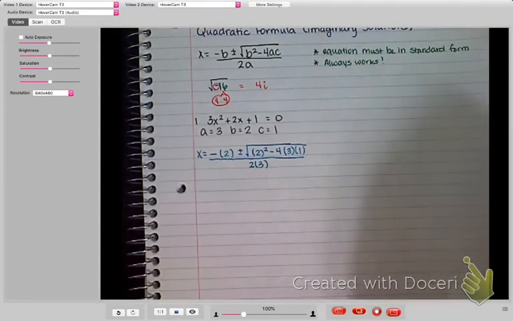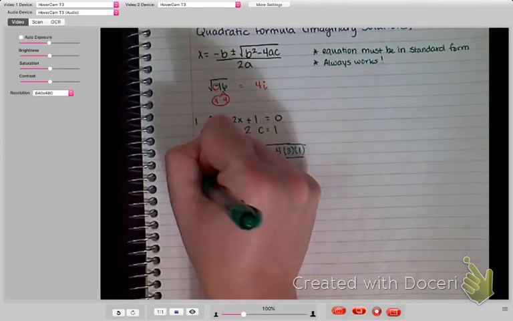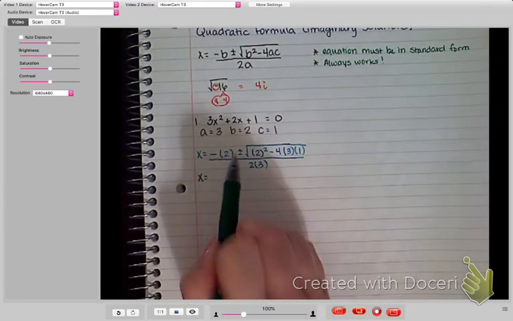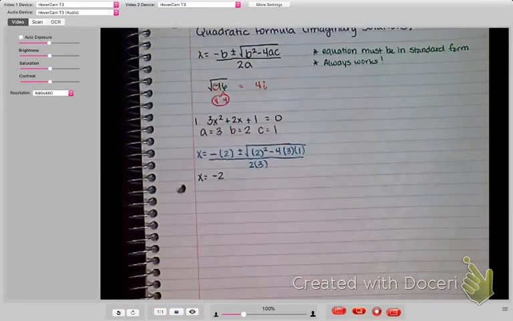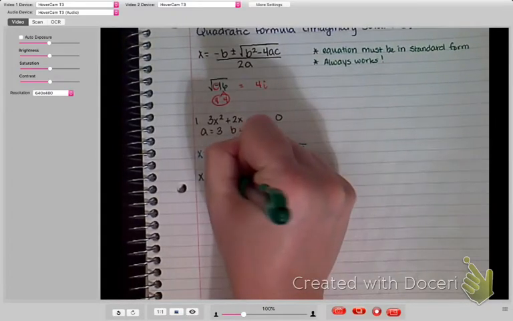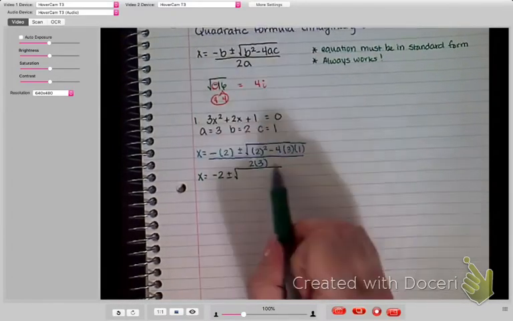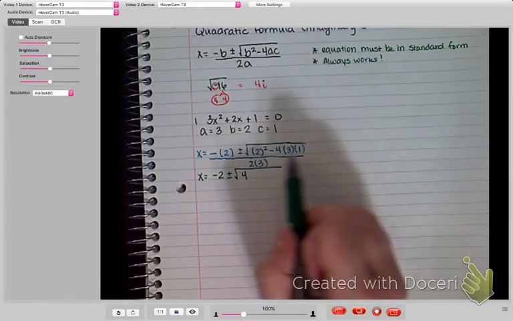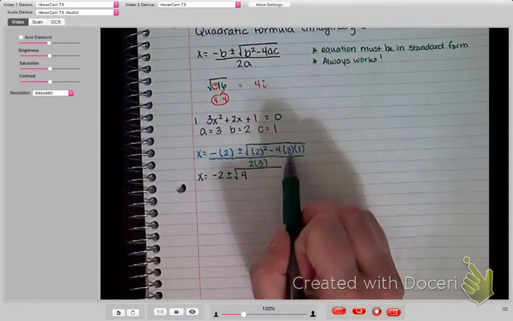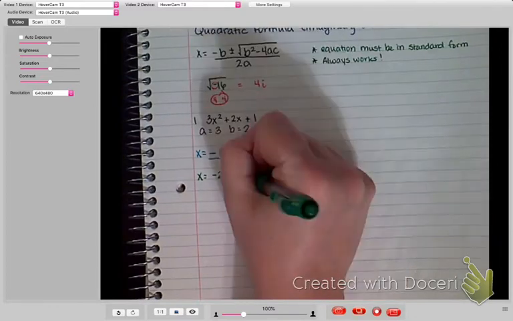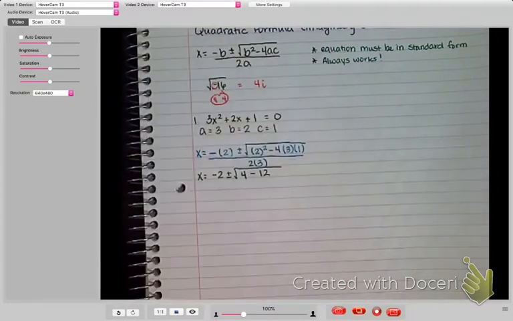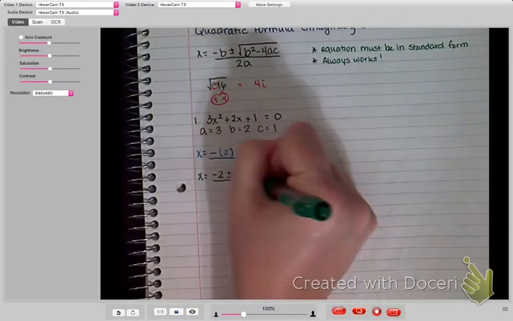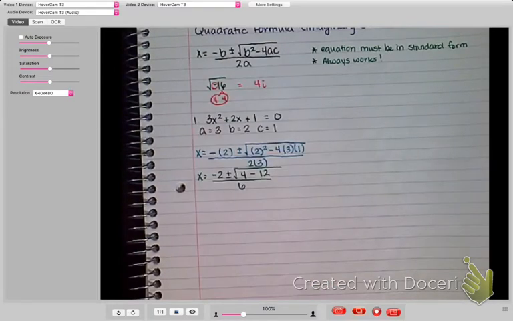We're going to simplify one thing at a time. So x equals negative times that 2 is just a negative 2, plus or minus the square root. Okay, so 2 squared gives me 4, and you're multiplying just across. So negative 4 times 3 is negative 12. Negative 12 times 1 is still negative 12, all over 6.